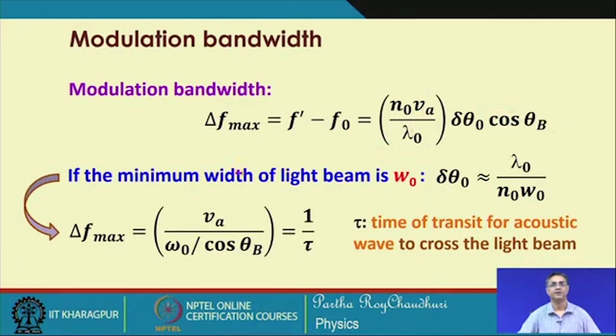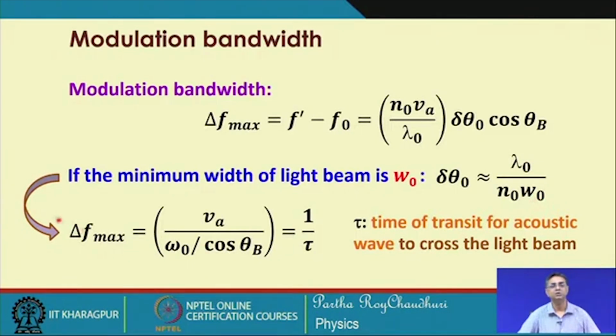If the minimum width of the light beam is W 0, then delta theta 0 is approximately proportional to, because from here only, you get lambda 0, this is from the fundamental condition that lambda 0 by n 0 into with the diffraction of this.